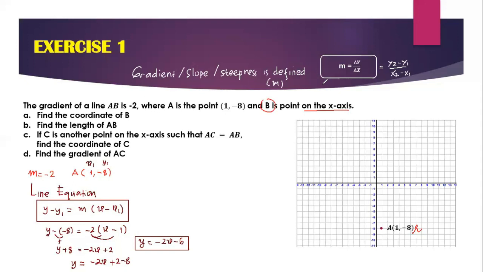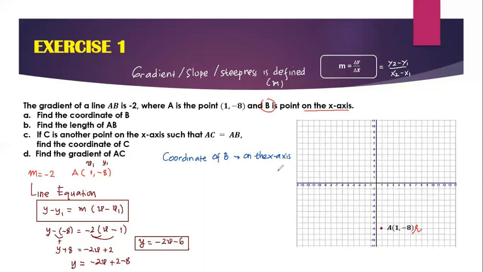Okay, now we are going to find the coordinate of B. The information is B is on the x-axis. What's the meaning?